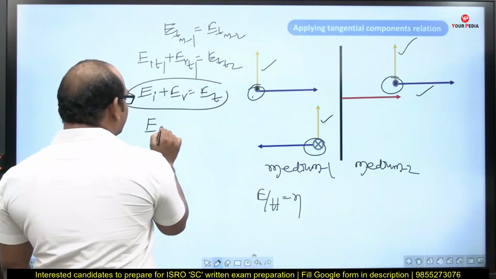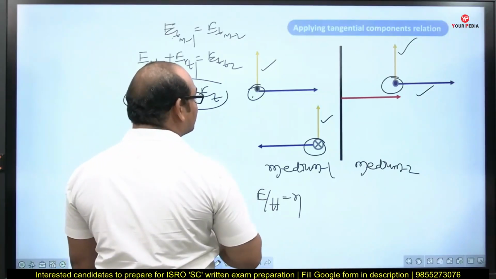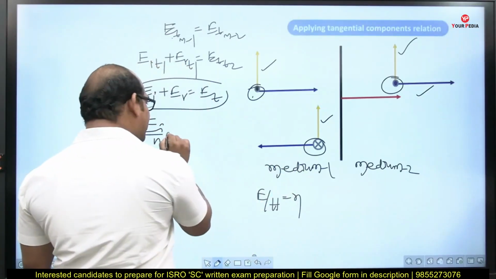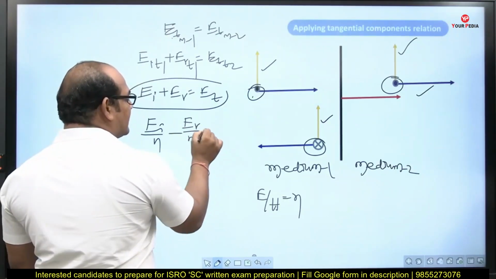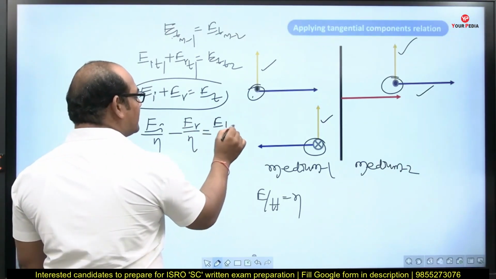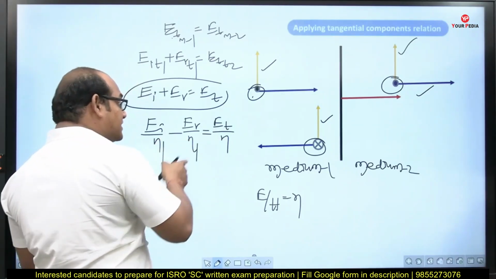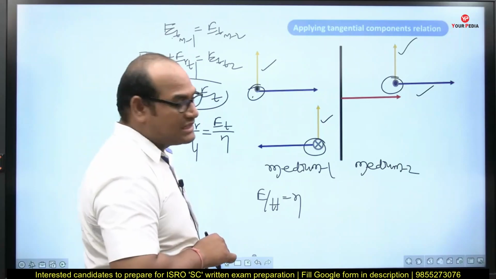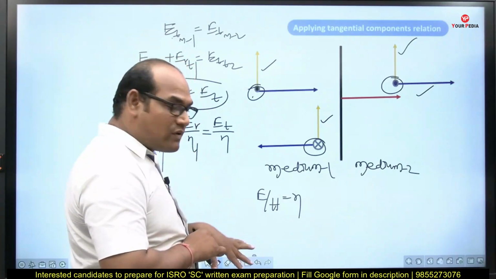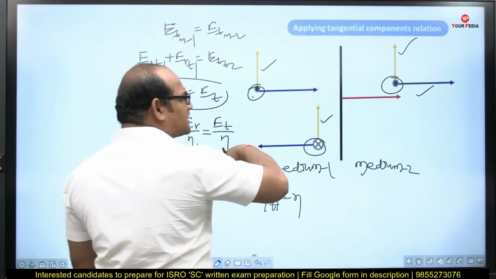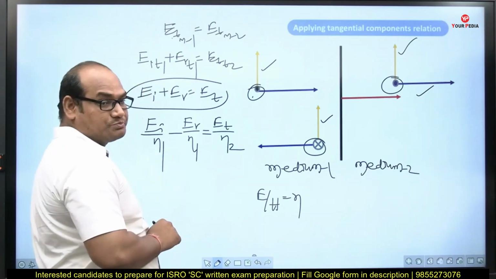So Ei by eta, and because there is a change in direction for the magnetic field of the reflected wave, minus Er by eta, is equal to Et by eta. It is eta 1 for the first two because they are available in medium 1 only, that is the intrinsic impedance eta 1. And the transmitted wave is in medium 2, that's why eta 2.